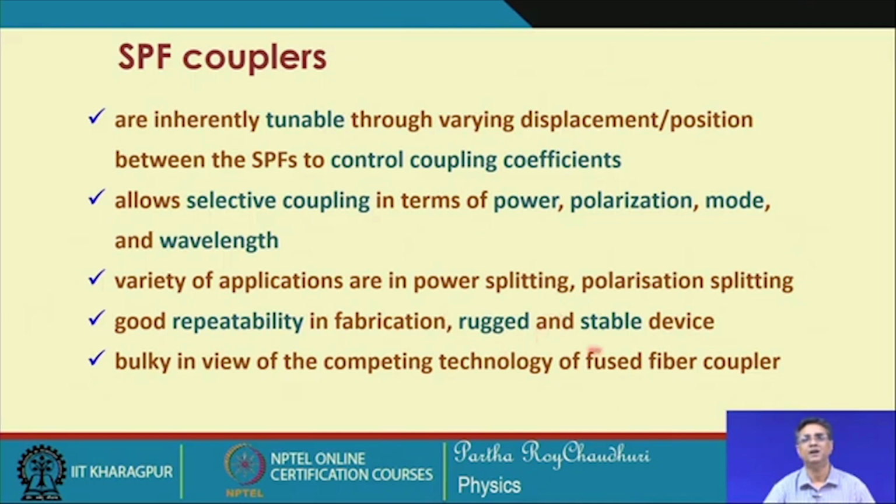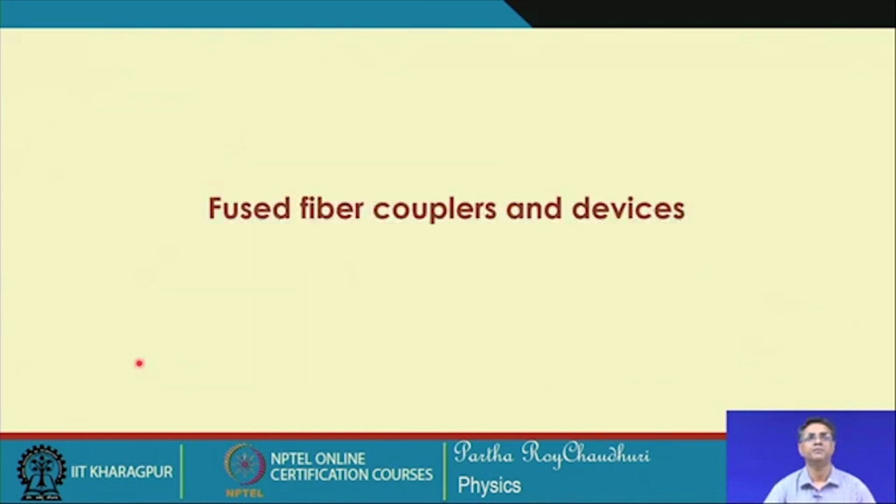Also it is a rugged and very stable device, but it is slightly bulky in view of the competing technology of the fused fiber coupler. We will see that the other kind of fiber coupler, the fused coupler, is very thin and occupies a very small space.